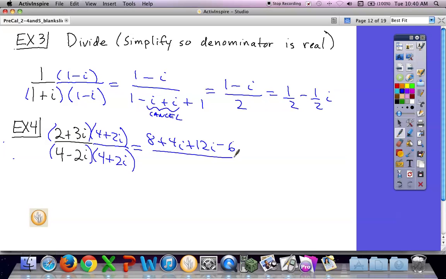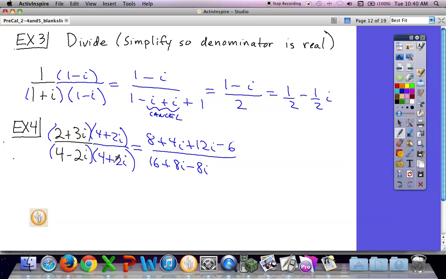Okay, in the denominator, I really don't have to FOIL, right? Because I don't need the two middle terms. They're going to cancel, right? I really only need to multiply the first terms and the last terms. I'll do it one more time, but you really don't have to do the middle terms. 4 times 4, 16. 4 times 2i, plus 8i. 4 times negative 2i, minus 8i.